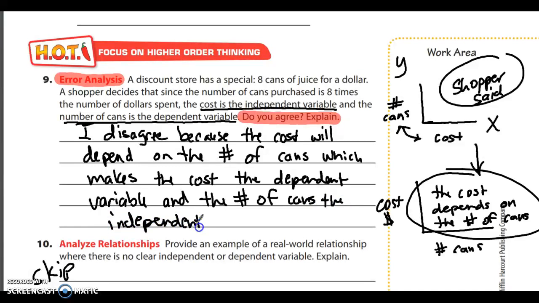And if you go back and read what they wrote, they have this backwards. I know that's a little bit tricky, but our words here make more sense than their words there.